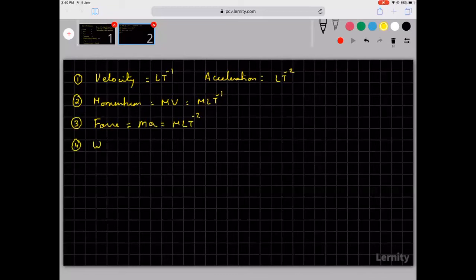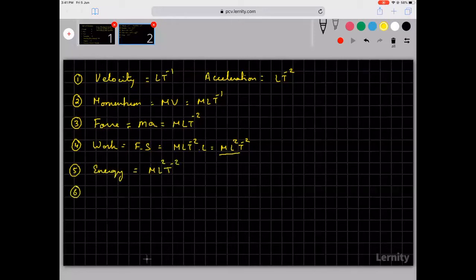Work is equal to force into distance. So it will become M L T power minus 2 into L, so that will become M L square T power minus 2. Work and energy, energy is the capacity to do work, have the same dimension, M L square T power minus 2.